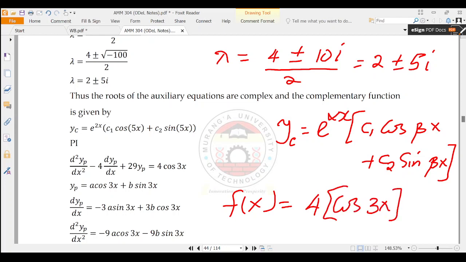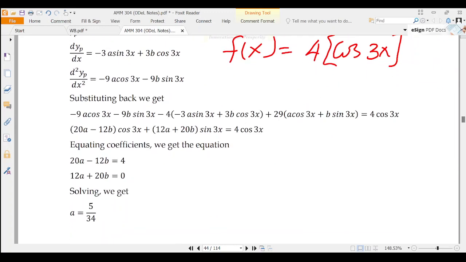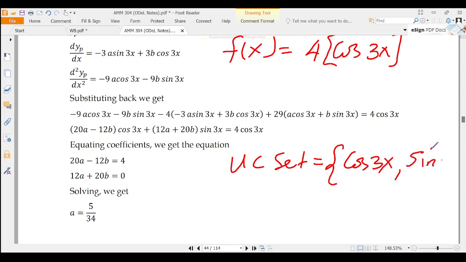So our UC function here is the cosine. The UC set will therefore comprise two functions, the cosine of 3x and the function arising from the derivative of that, which is the sine of 3x.